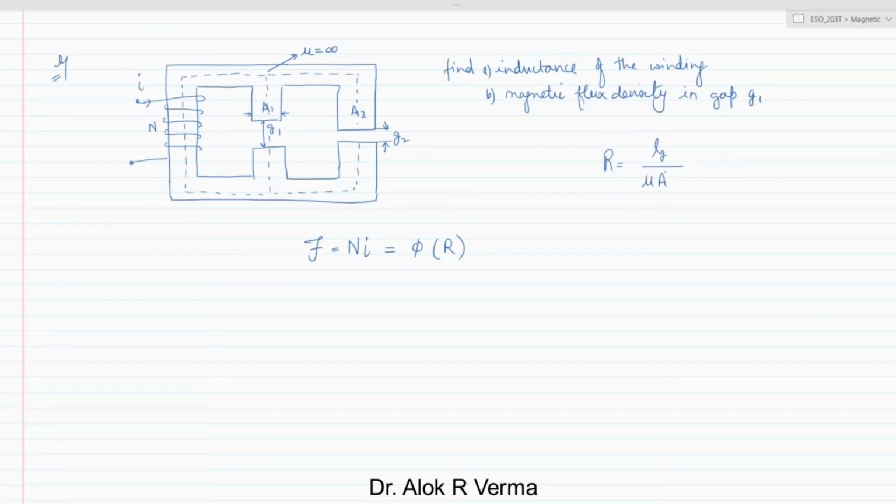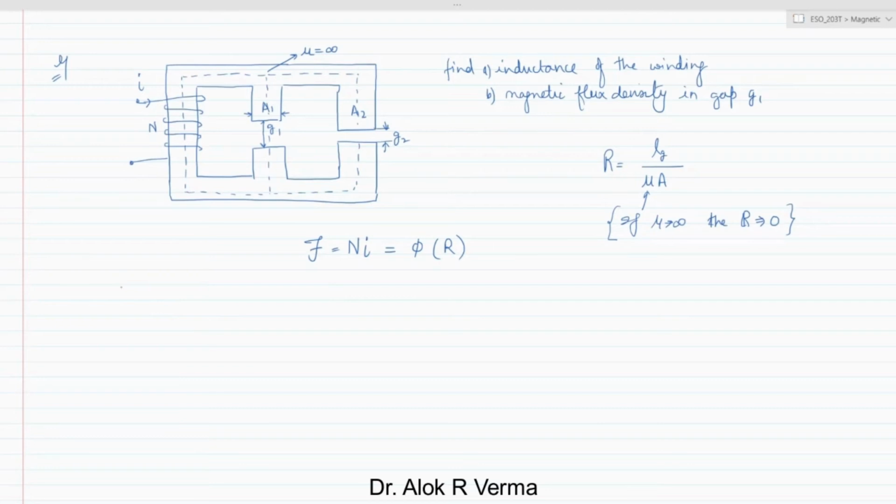So if mu goes to infinity, then the reluctance will tend to 0. So the reluctance in this part will be 0.